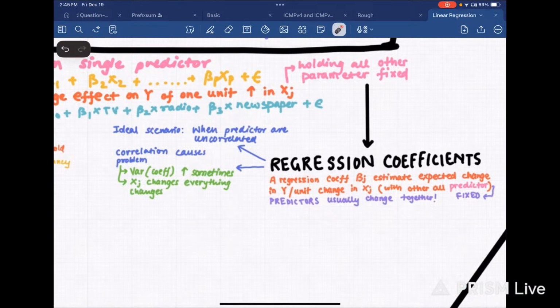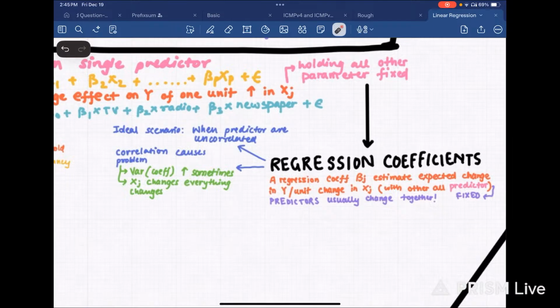The predictors usually change together. The ideal scenario is when predictors are uncorrelated, where one source does one thing and another does another thing and they don't produce any correlation.